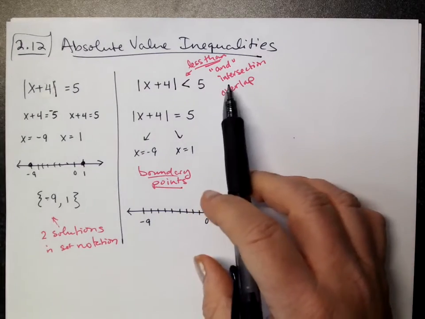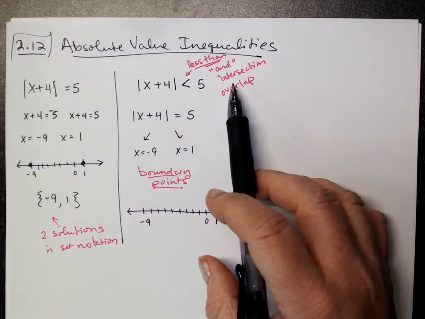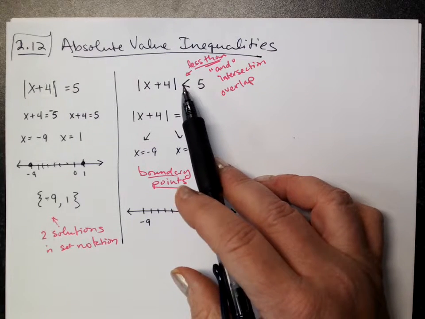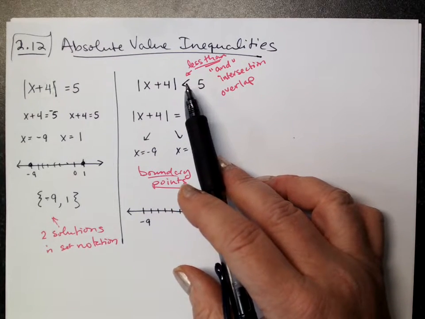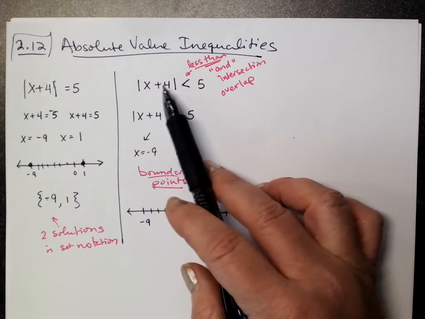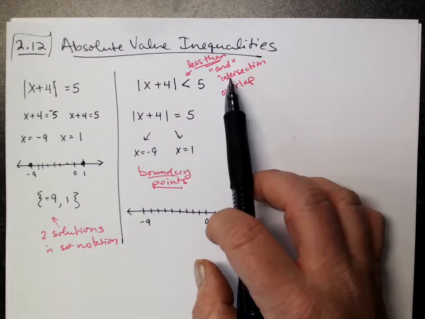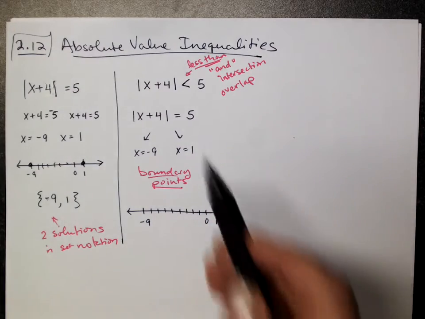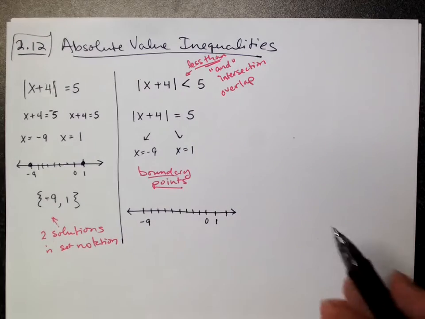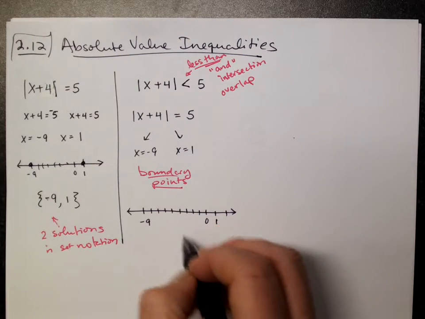This is equivalent to our intersection in 2.10. Except in 2.10, we weren't dealing with absolute value bars, but absolute value bars are just another way to write a compound inequality. So this is a compound inequality of the intersection variety. Now, visualizing it like this means the distance between x and the anchor point. Okay? So our anchor point is negative 4.